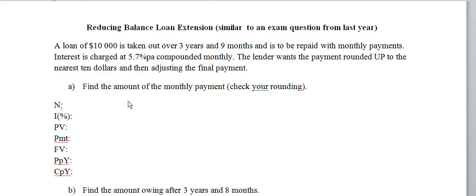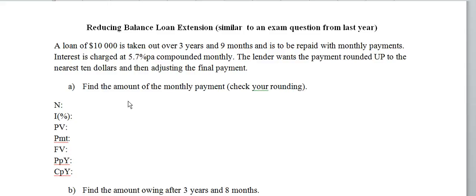So the first question, what we've done is basically scaffolded it, so broken it up into a few pieces. If this hadn't been broken up, these are the steps you'd go through. First, we need to figure out what this monthly payment actually is, so that we can figure out how much has been paid off before that very last month. So we want to find the amount of the monthly payment. I'm going to use a finance solver because this is a reducing balance, so we've got quite a few variables to work with.